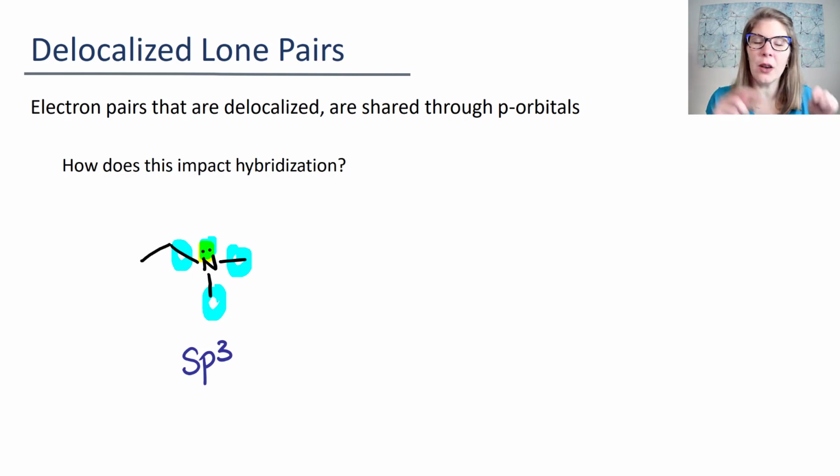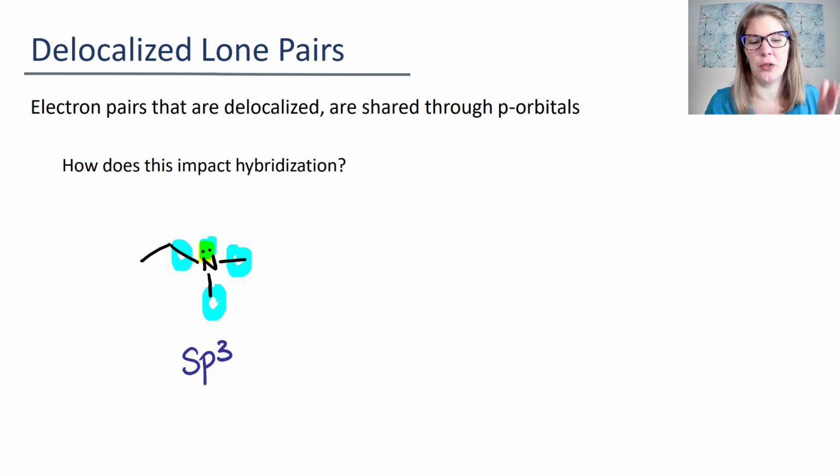So when I say what orbital does that lone pair live in, you look at the hybridization of that atom, and whatever the hybridization of that atom is where that lone pair is living. And then the bonds are created between the sp3 hybridized nitrogen and another atom's particular orbital.